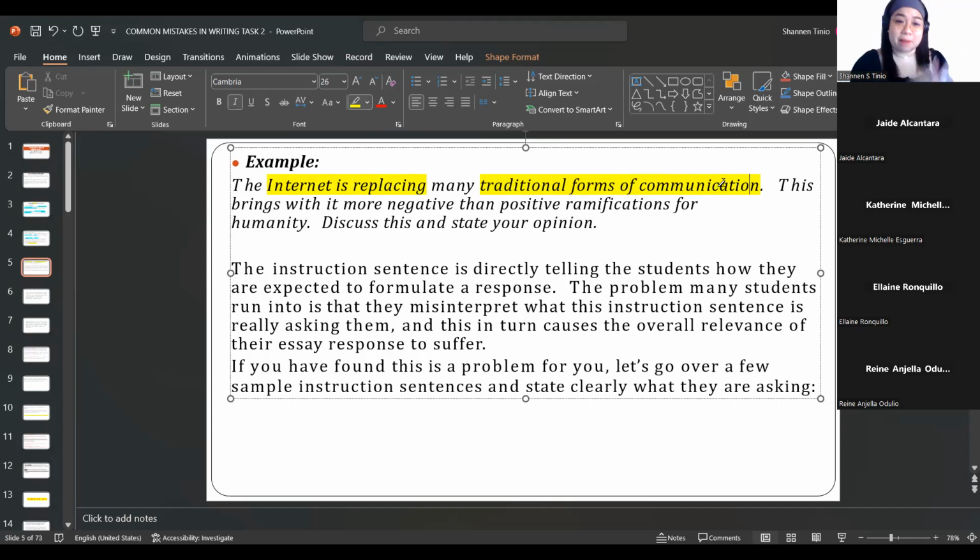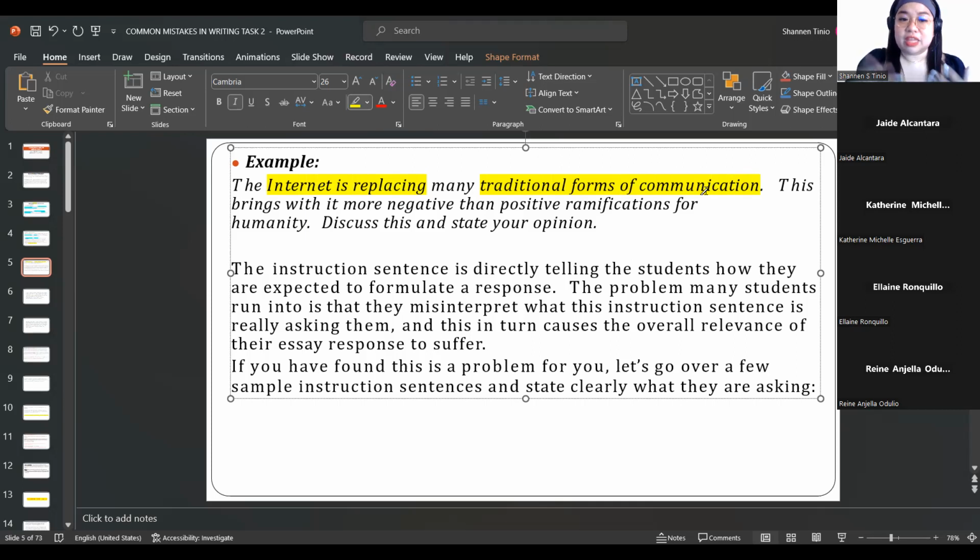Yung mga may keypad pa na cellphone, yung hindi touchscreen, yeah. Definitely, internet replaced that. Because yung mga featured phones na yan, yung may mga keypad, walang internet yan. And another form of communication is face-to-face classes.